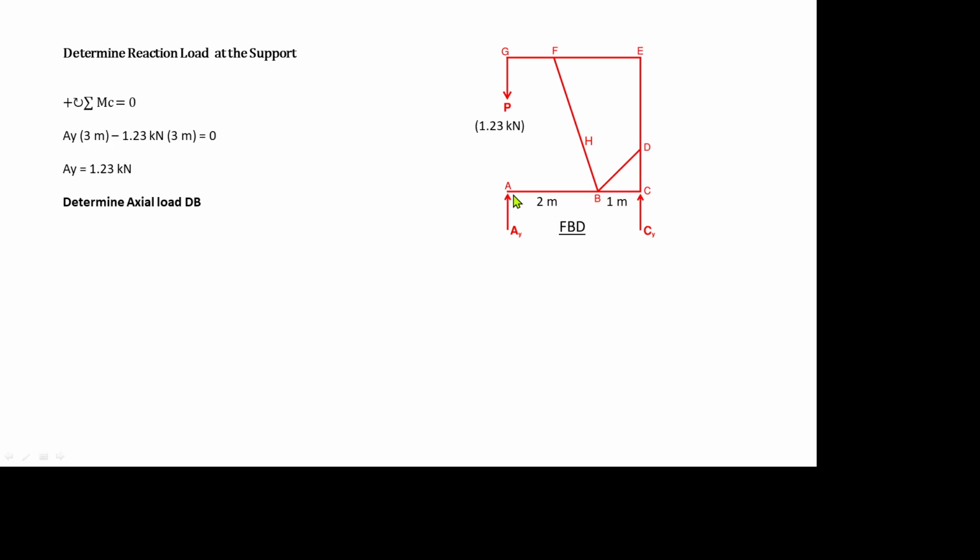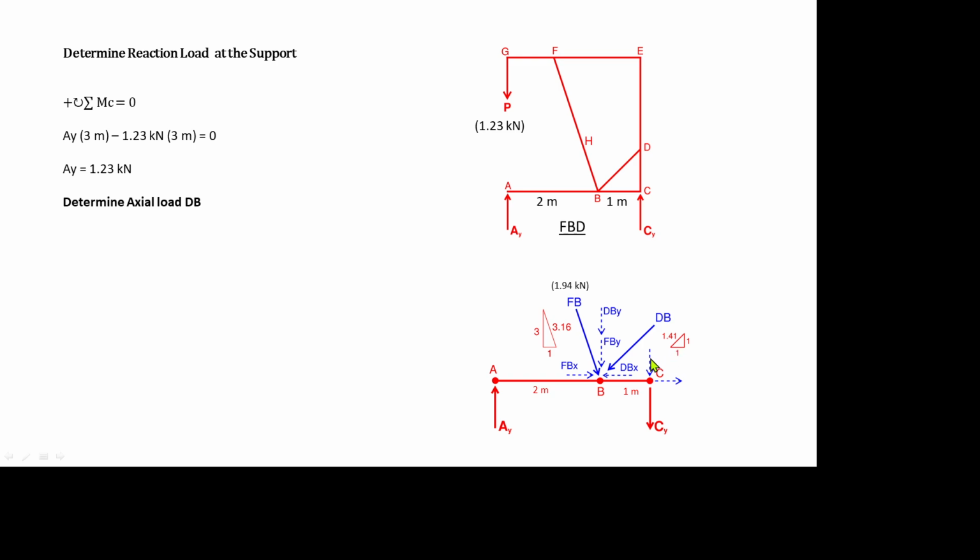So if we segregate these members from the frame, the forces that we will have is this one. It looks complicated, but if you examine these forces, all the forces at point B come from this load here. We have determined that already, which is 1.94 kilonewton. So this is the slope, and this member is 45 degrees, 1:1, so the slope is 1.41.